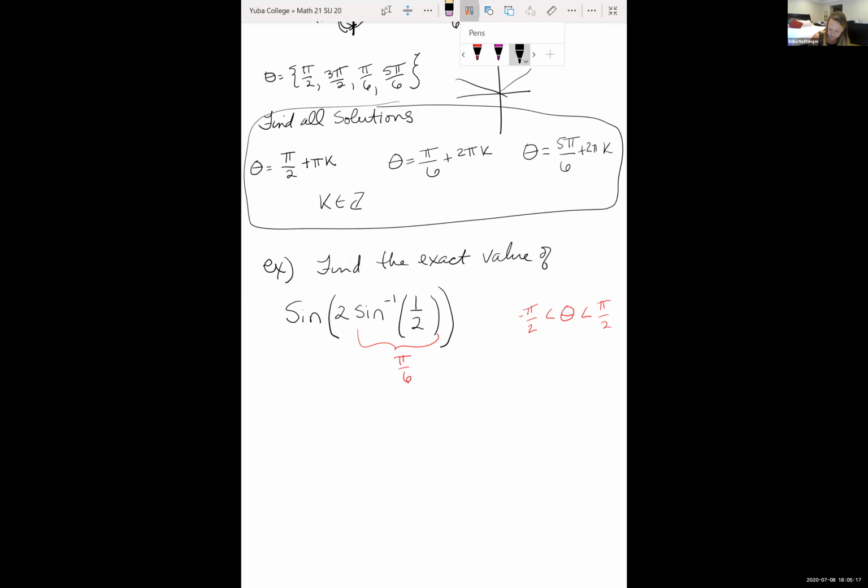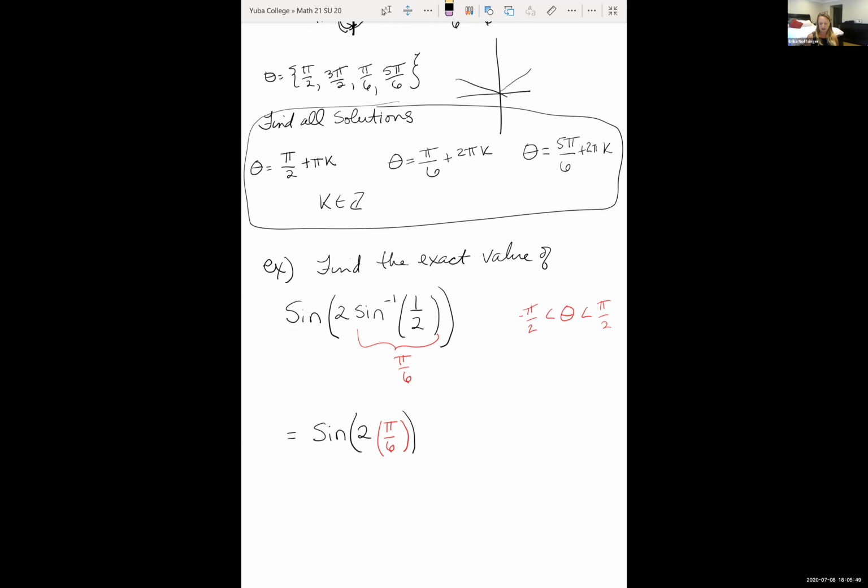We have sine of 2 times sine inverse of 1/2, and this was pi 6. So let's simplify the argument. We can simplify it because we know what those values are, because this reduces to pi thirds.